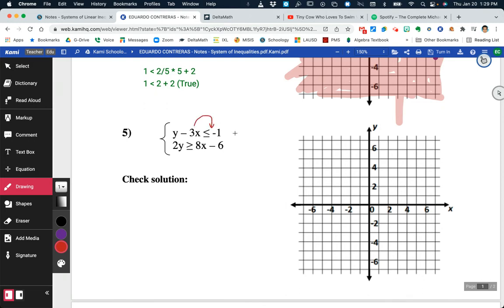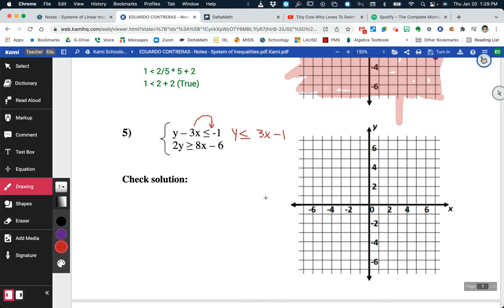And I'm just going to freehand draw what the solution would be, or what we're going to graph. y is less than or equal to 3x minus 1. So if I solve that one, we get y is less than or equal to 3x minus 1.